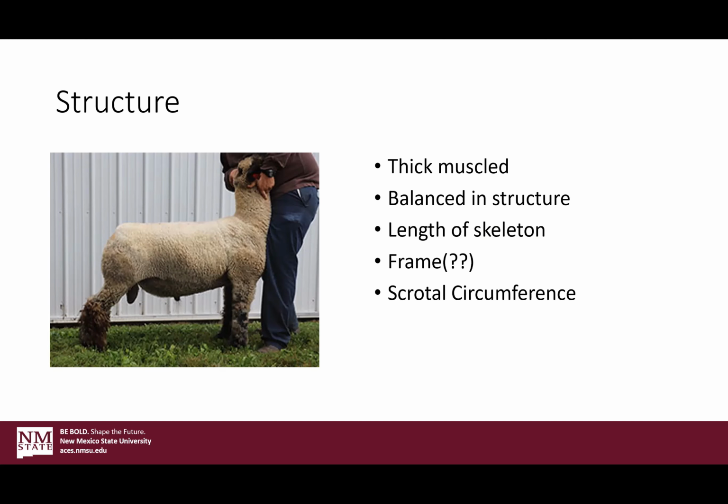The Columbia breed, for example, fits in a lot of tough country, but these guys are pretty framey. They're pretty big. They can weigh well over 200 pounds. And so you've got to keep that in mind when you are selecting rams for your area. Will they be able to make it through the winter or a drought?